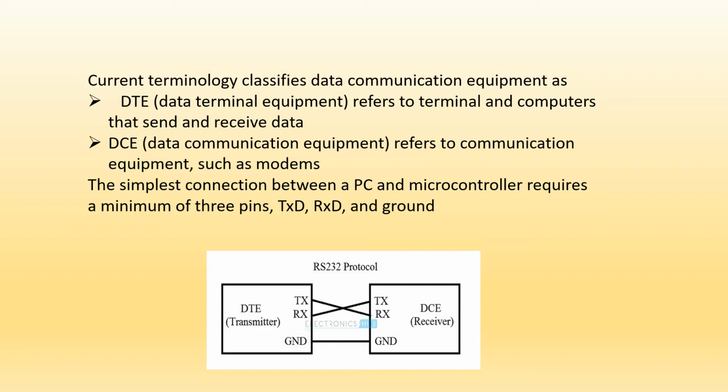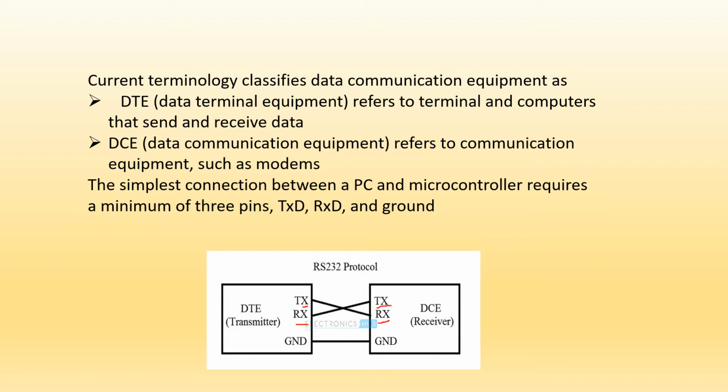The basic connection between the DTE and the DCE, that is between the computer and the 8051. Here the receiver is the 8051. The basic three connections are the TX line, the transmit data line of the computer, which is connected to the receive line of the microcontroller, and the transmit line of the microcontroller is connected to the receive line of the computer.